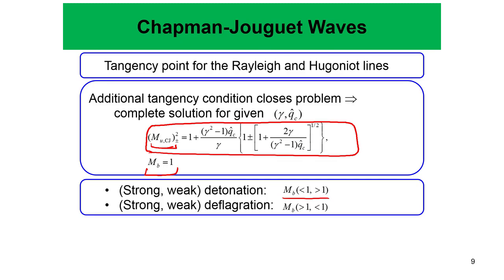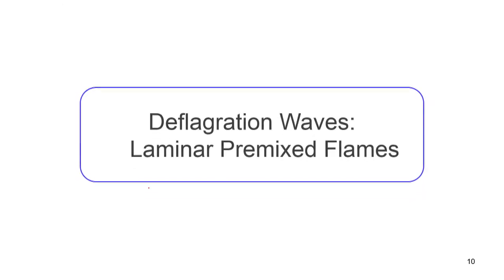So from here you can understand that for a strong deflagration your MB becomes greater than 1, which is not physically possible, and so the only thing that is possible is essentially a weak deflagration, and similarly you will see that a strong detonation has MB less than 1, which is physically possible.